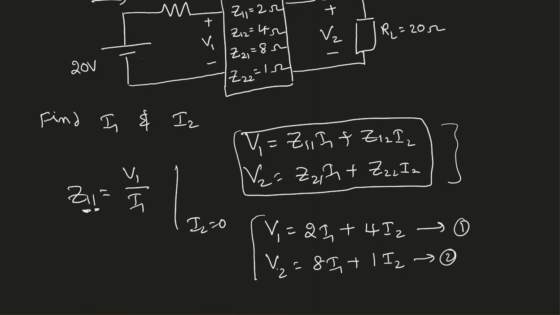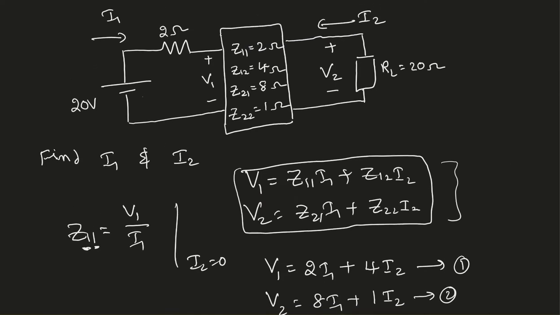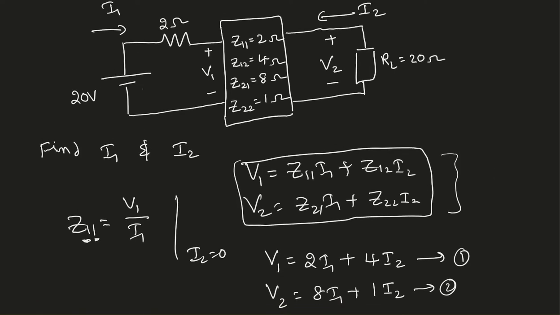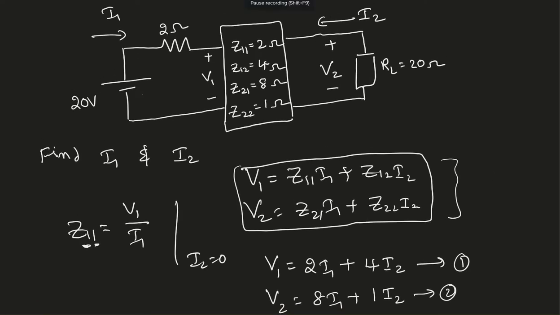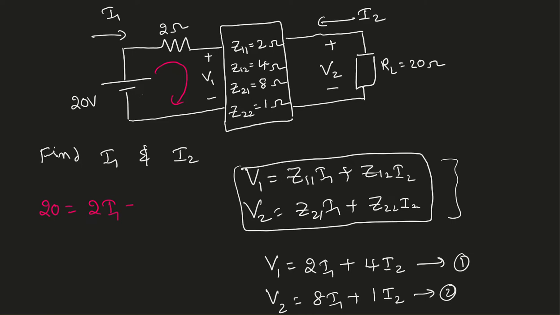So I need to come up with more equations. To get more, I can write a KVL in this loop. The KVL equation there is 20 equal to 2I1 plus V1. That's my third equation.